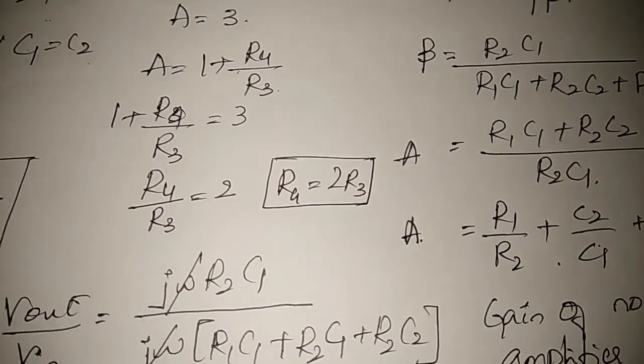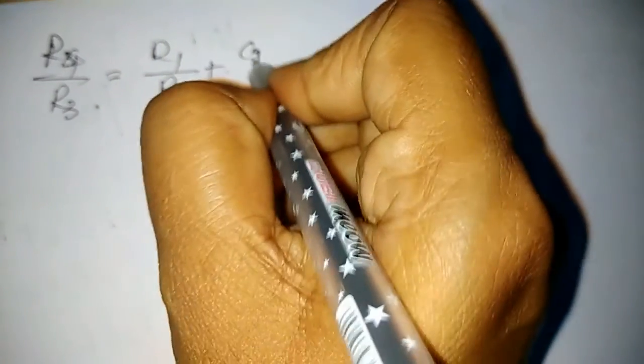Okay, so summarizing all these points, it has to satisfy the Barkhausen criteria, your sustained oscillations condition: R4 by R3 is equal to R1 by R2 plus C2 by C1. And frequency, what we have got?